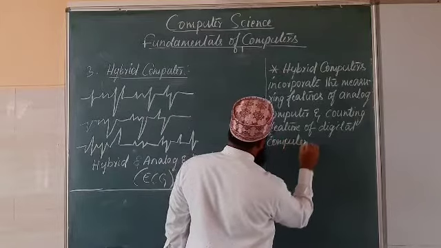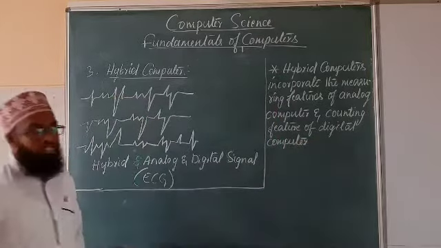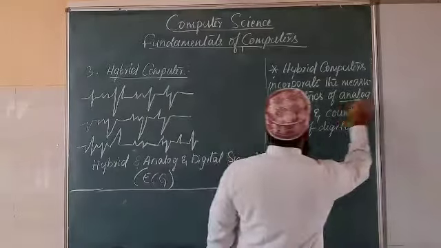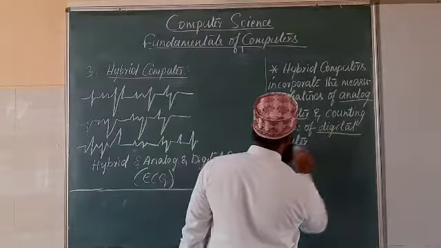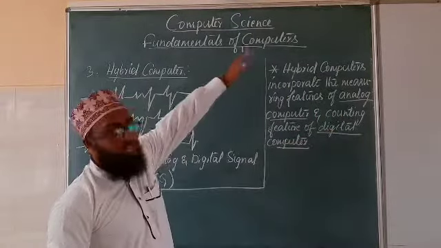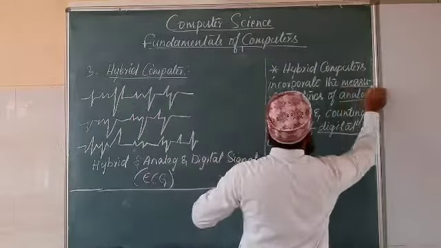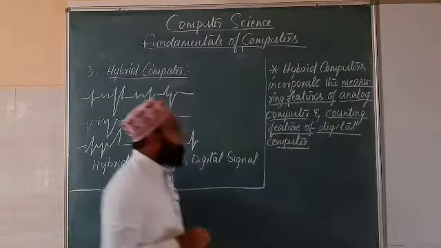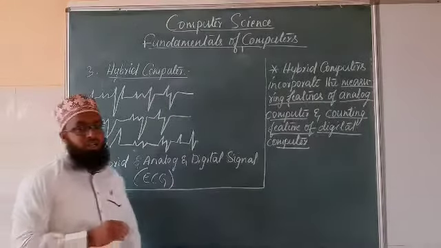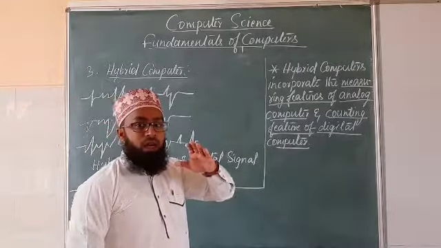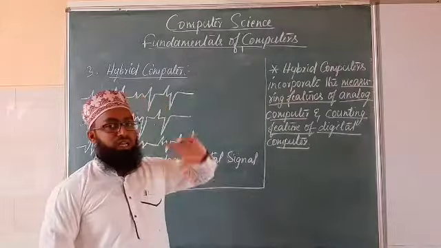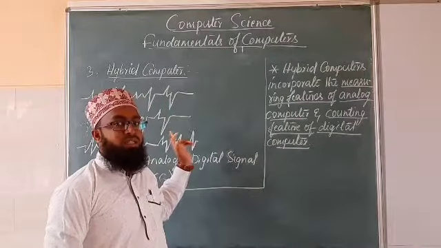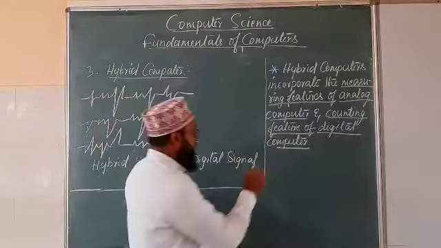The hybrid computer can be called the combination of analog computer and digital computer. It will take the measuring feature of analog computer and the counting feature of the digital computer. When we combine these two things, it will be framed as the hybrid computer.